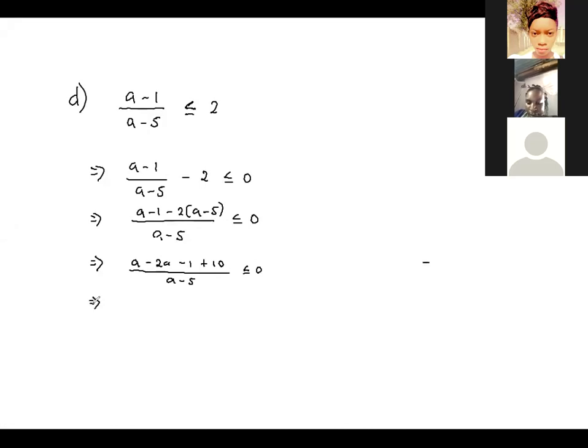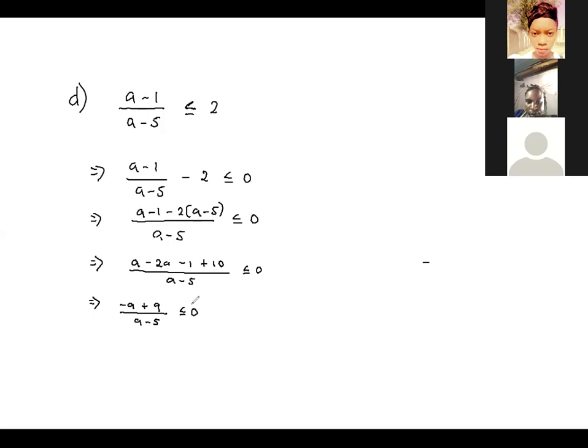What does this become? This becomes negative a plus 9 over a minus 5 less or equal to 0.